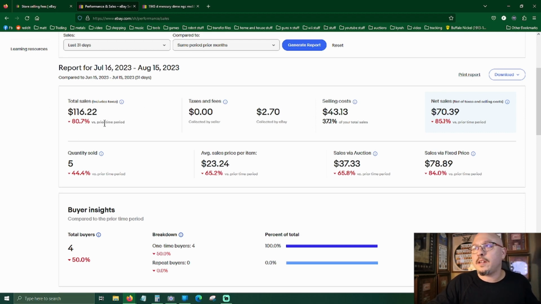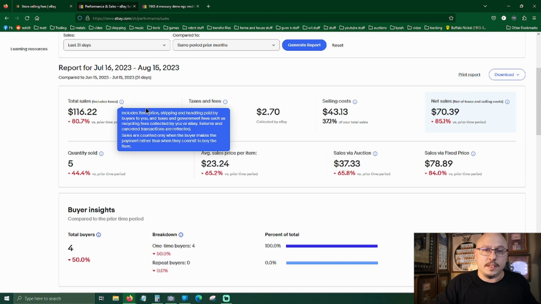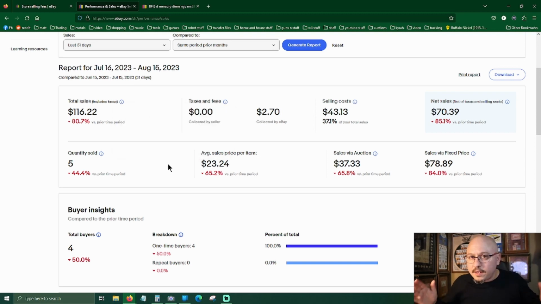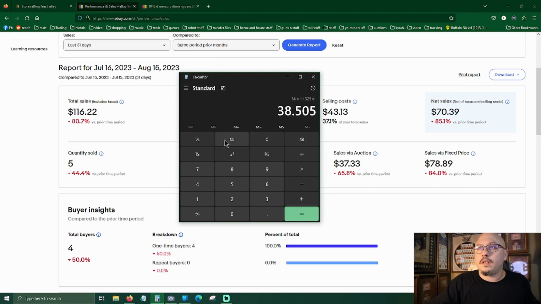You don't want to really include the taxes, but you could if you're just looking for a figure. So I've sold $116 in the last 31 days. So based on that, if you run that number, 116.22 times 0.1325 to find out what that fee is going to be on all those sales, and that's only $15.